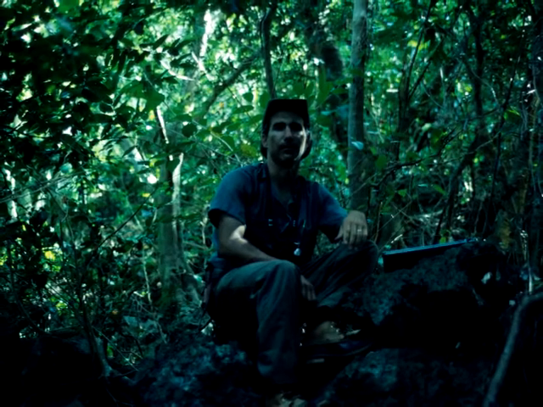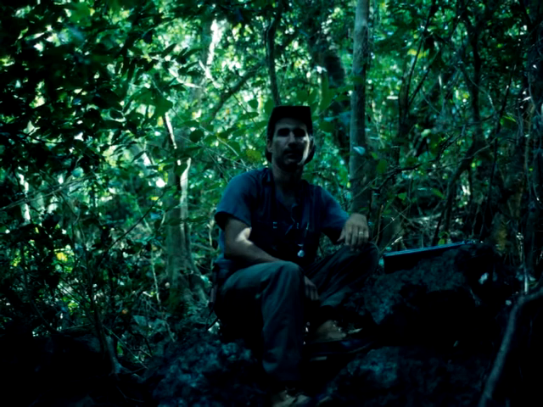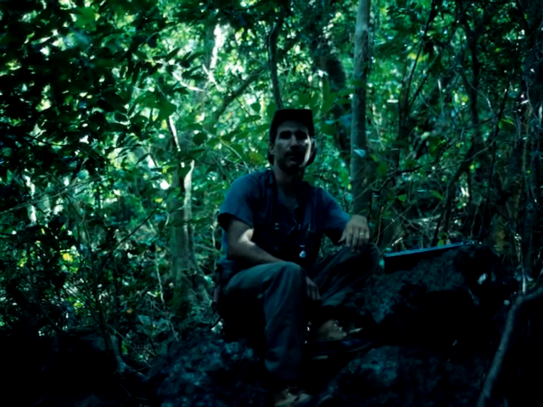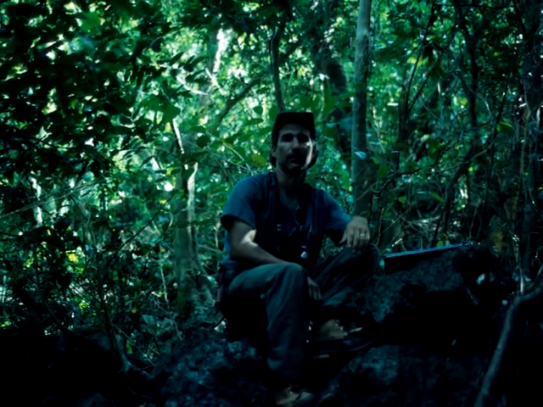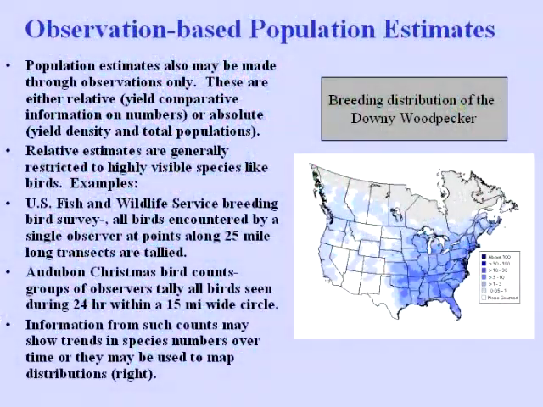So this is an observation-based method of estimating populations as opposed to a mark recapture kind of a method. Observation-based methods of estimating populations may be either relative or absolute.